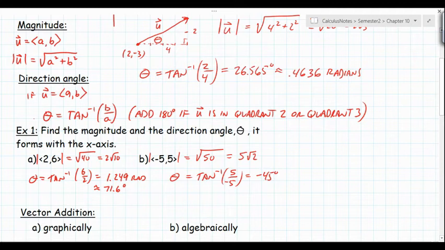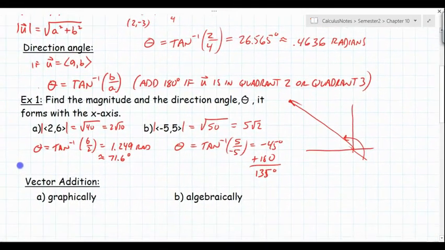But we know that the vector negative 5, 5, if you plotted the point negative 5, 5, that's in quadrant 2. And so we know an angle of negative 45 degrees doesn't make sense. We add 180 to that and get 135 degrees. Any questions?